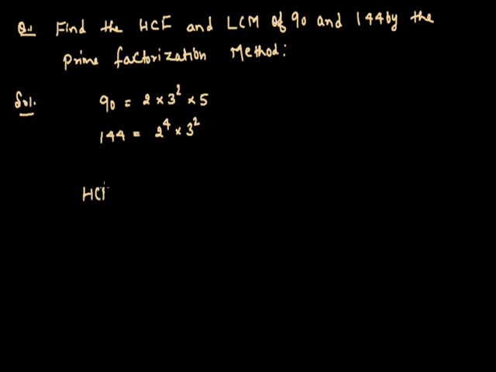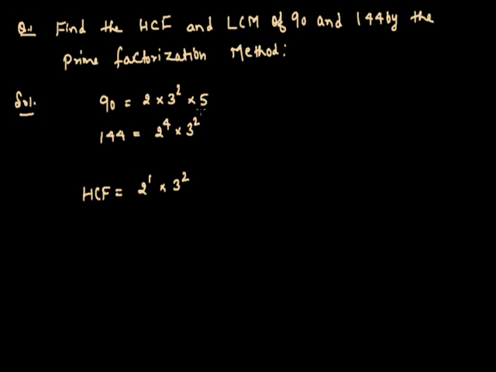HCF will be here 2 to the power 1, here 2 to the power 4. So we will take 2 to the power 1 because we have to take the highest common factor of 90 and 144, multiplied by 3 to the power 2, since it is 3 to the power 2 in both.